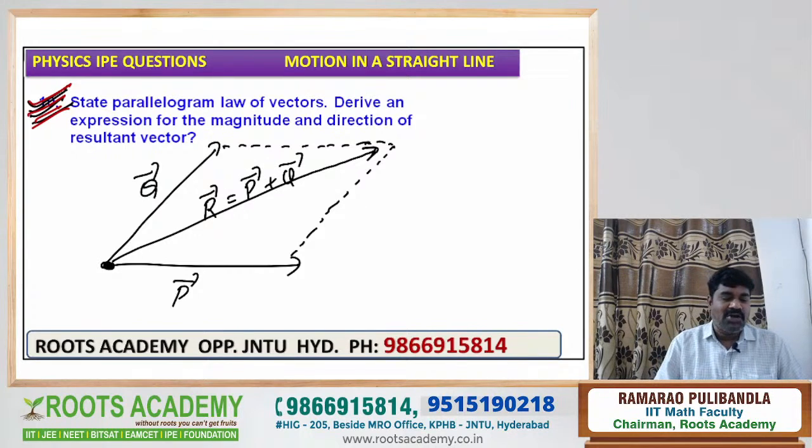That is called the parallelogram law of vectors. If two vectors are represented in both magnitude and direction by the two adjacent sides of the parallelogram, then the diagonal drawn from the same point gives the resultant of those two vectors.